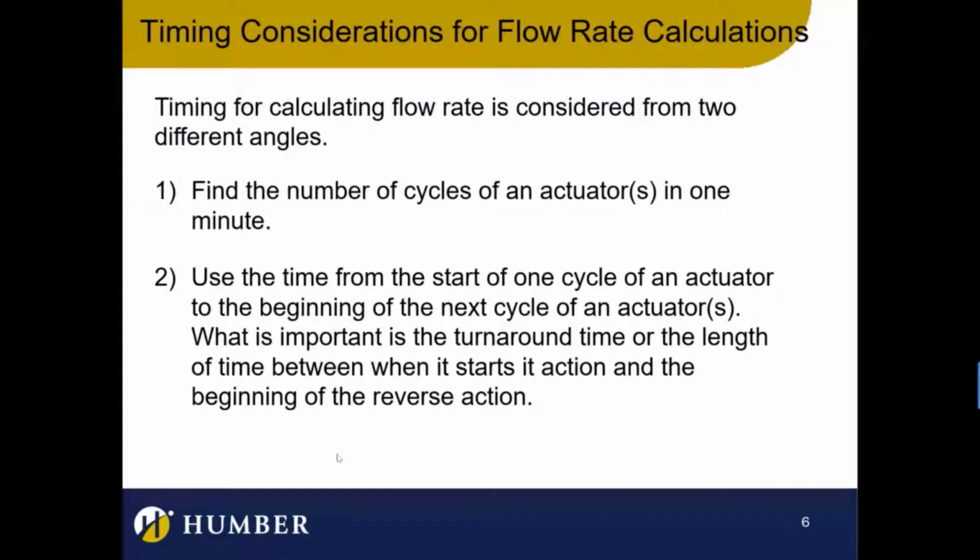If I know the number of cycles that cylinder takes in 1 minute, so it takes 30 cycles in a minute, and then we could say it cycles every 2 seconds, but let's just say it did 30 cycles per minute, and I knew the total volume it displaced over 1 minute, then I could calculate the flow rate, and I think that makes sense to you. Now, that is maybe more of a specialized situation where we have a cylinder that makes a very specific amount of cycles per minute, very close to the minute time, and we can calculate its volume.